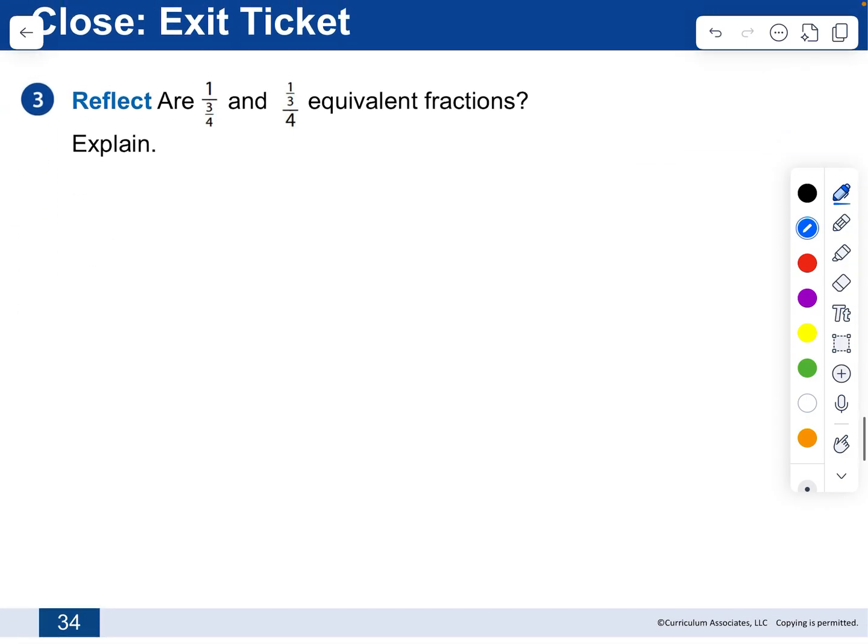And think about this one. Are 1 divided by 3/4 and 1/3 divided by 4 equivalent fractions? Prove it by doing the work.